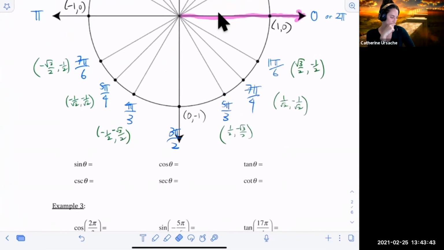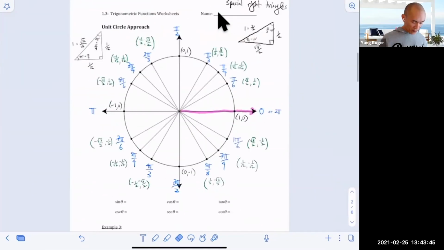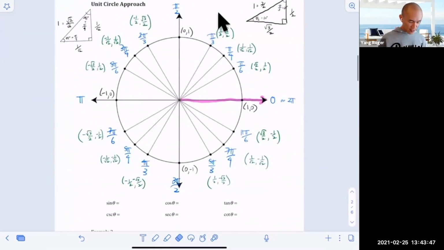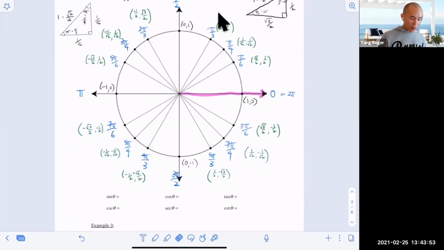Okay, cool. So hopefully you got something that looks like this. You could check your answers at home. So far, we haven't really looked at trigonometry yet, which is sine, cosine, tangent, cosecant, secant, cotangent, right?